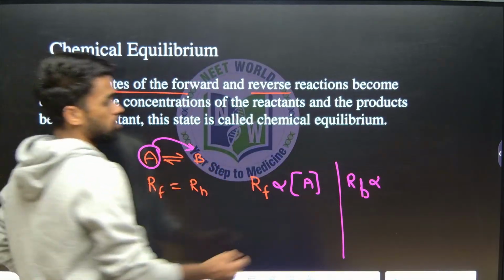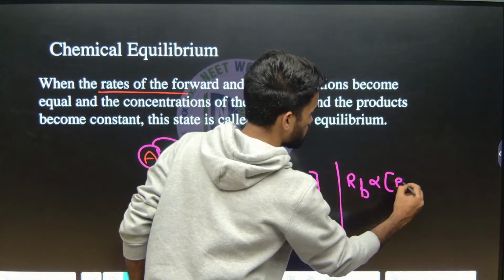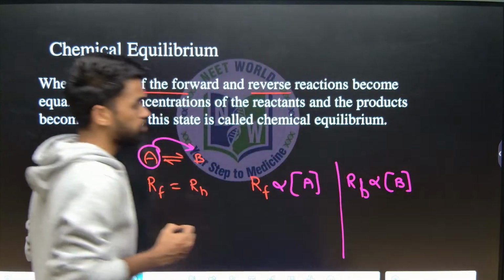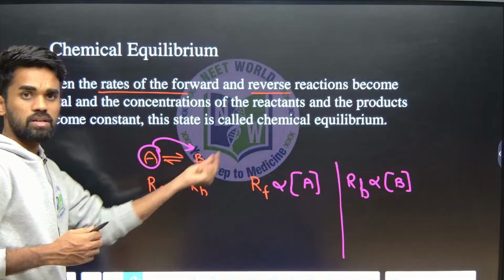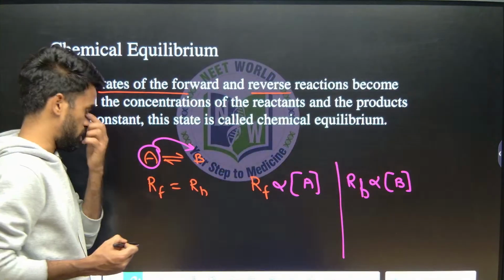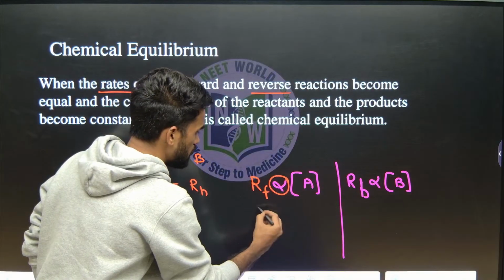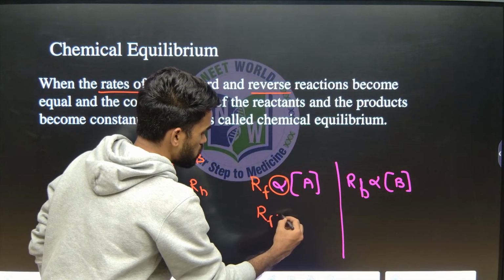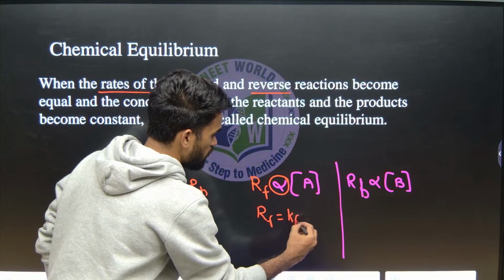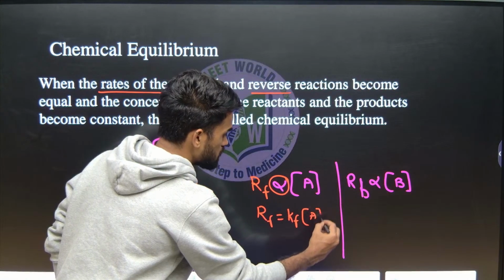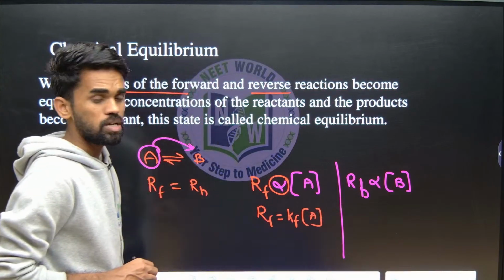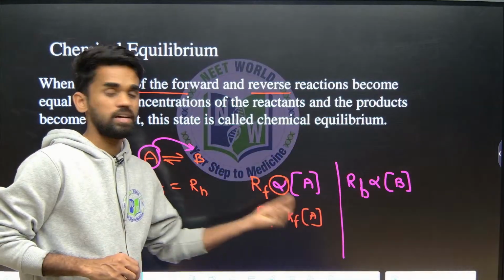So the rate of backward reaction is proportional to the concentration of whatever reactant we have here. Now I can remove this proportionality and replace it with a constant Kf. Kf indicates the rate constant for the forward reaction.